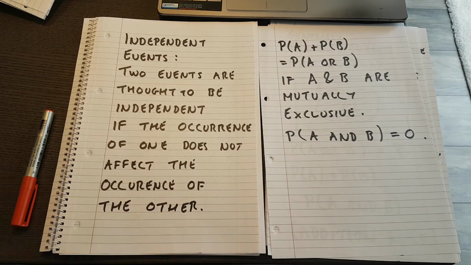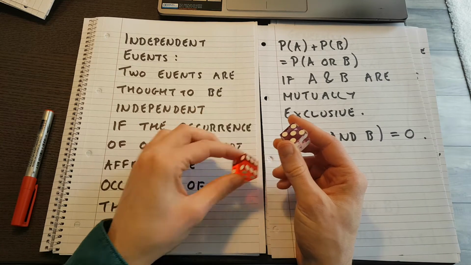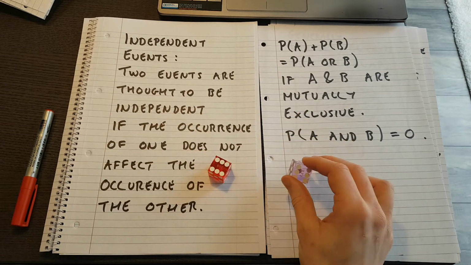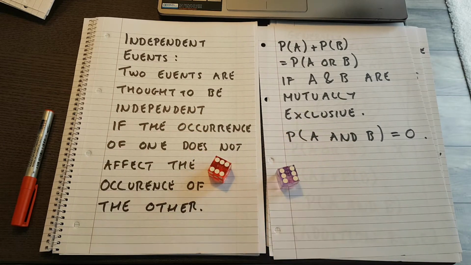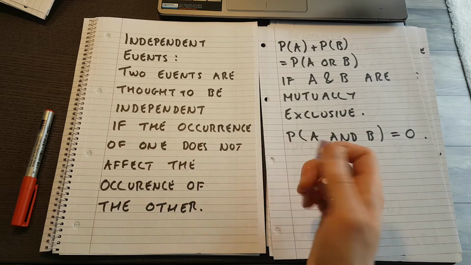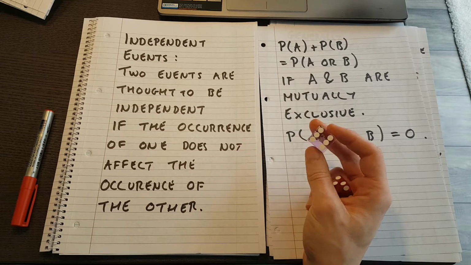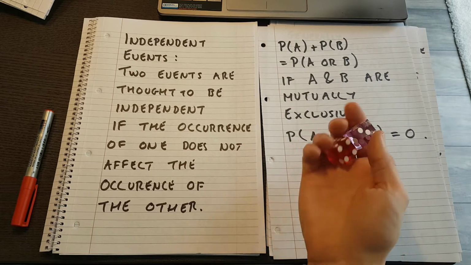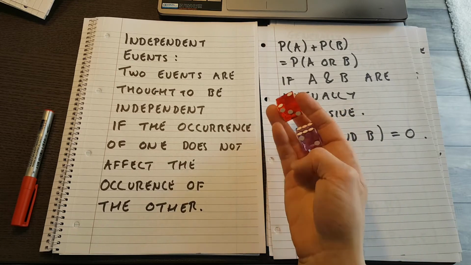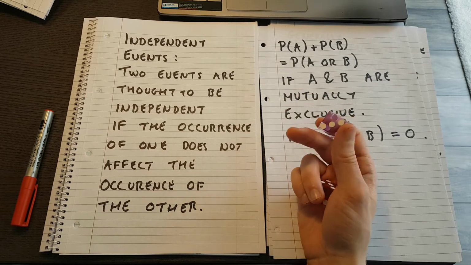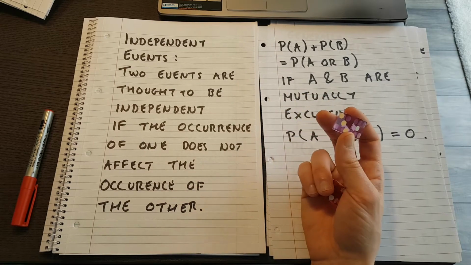Let me grab some props here. I have a red die and a purple die. Let's say that A is the event that I roll an even number on the red die, and we'll let B be the event that I roll an even number on the purple die.